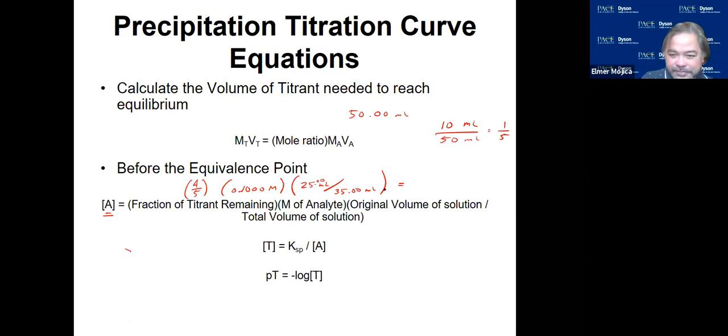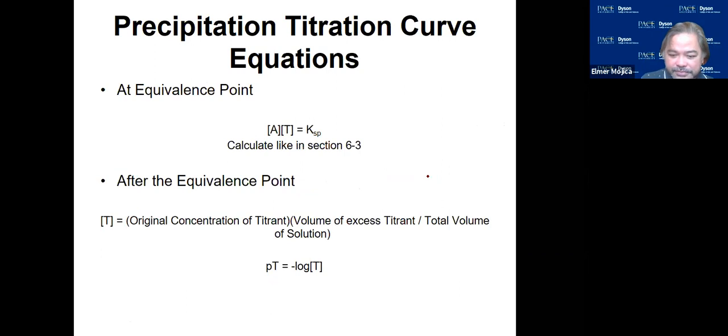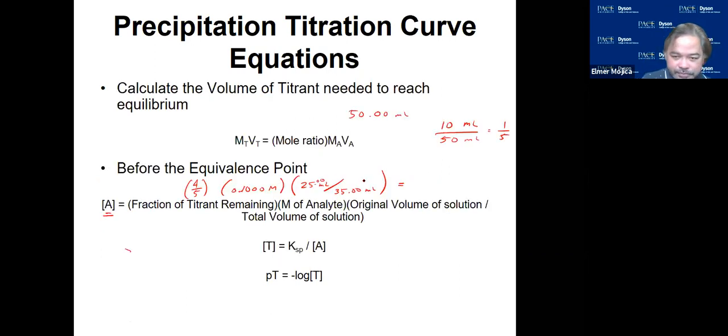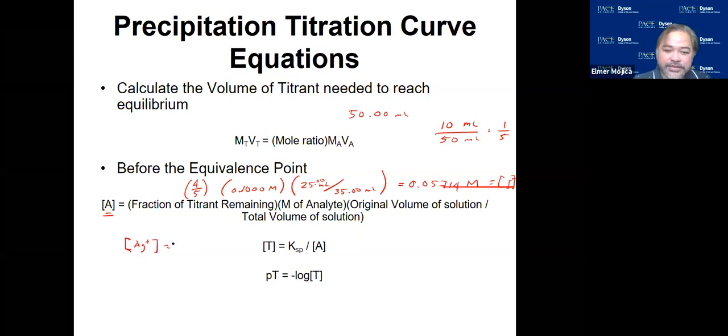Very good. So that is the concentration of your iodide. Now what you need now is the concentration of your silver. So you get the Ksp value, 8.3 times 10 to the negative 17, divided by 0.05714, and that would be equal to what?